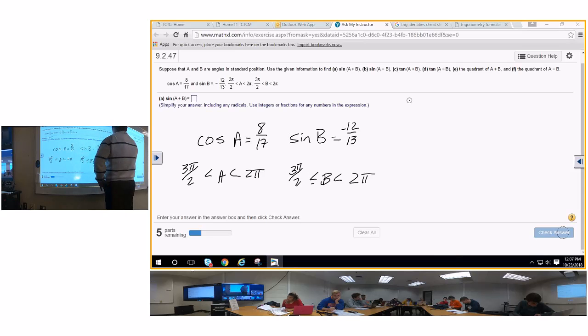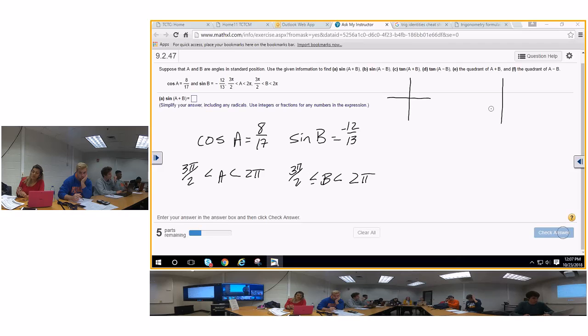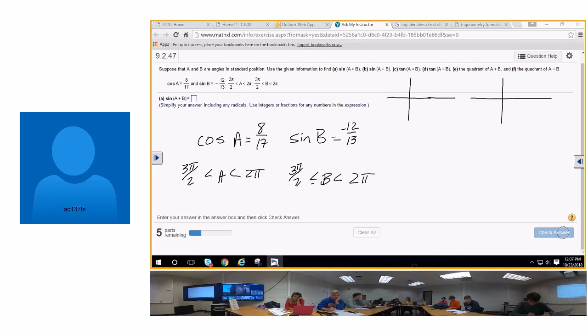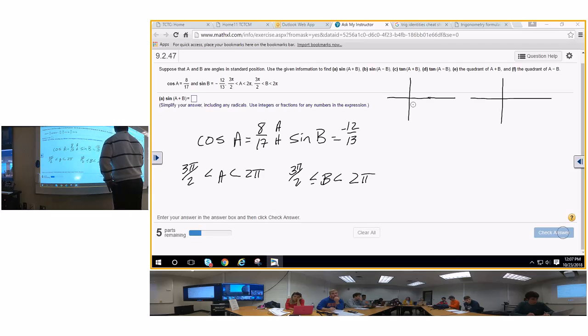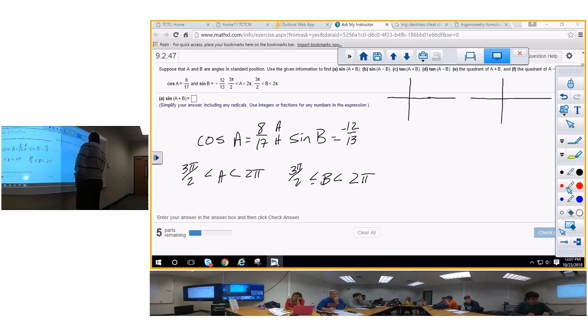So I'm going to go ahead and draw the two fourth quadrants. Cosine of A is 8 over 17. I'm going to do A in blue.